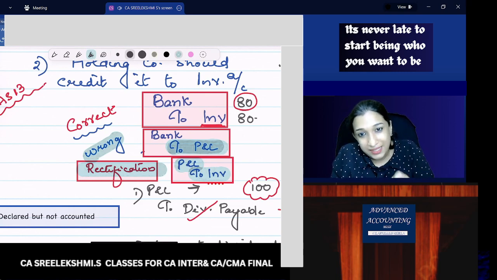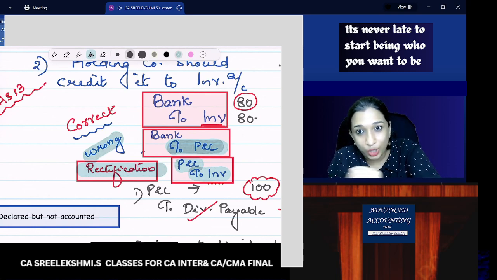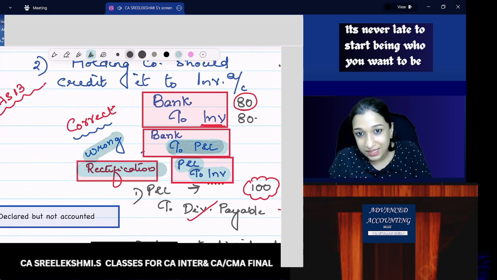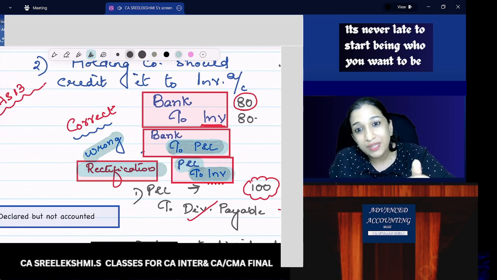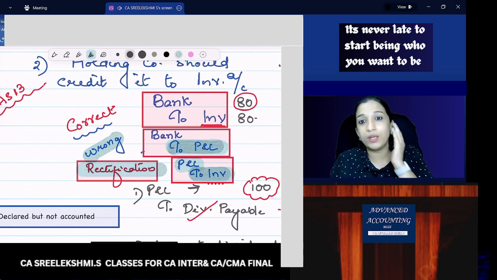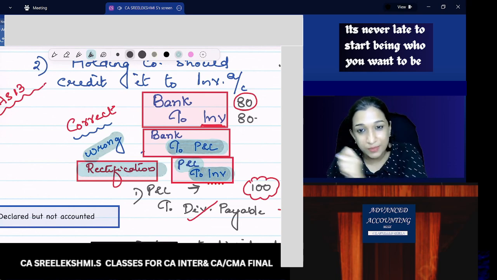P&L is to be debited because it is already credited, which is wrong. So deduct from P&L, and correctly account for it by crediting the investment account. So the investment account should be reduced. When you calculate goodwill or capital reserve, reduce the investment: cost of investment less pre-acquisition dividend.